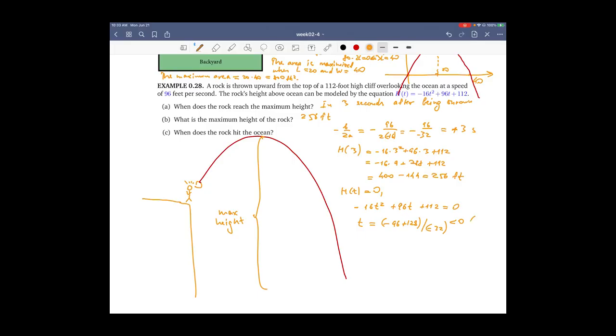We should ignore this root. And the other root is negative 96 minus 128 over negative 32. That is 7. So the rock will hit the ocean 7 seconds after being thrown.